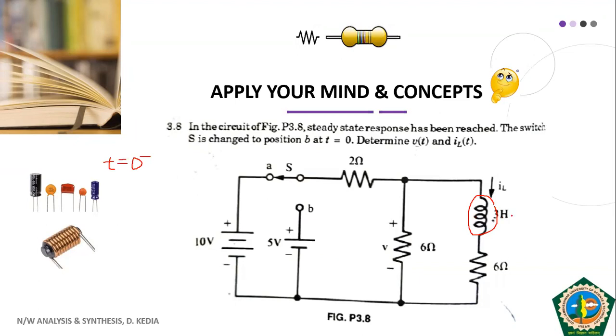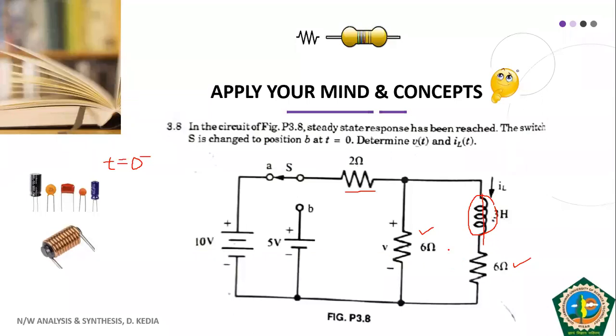We have to find the initial value of the inductor current. This is the 10 volt source, we have a 2 ohm resistance, and then this 6 ohm and 6 ohm resistance are in parallel. The inductor is short for initial conditions.